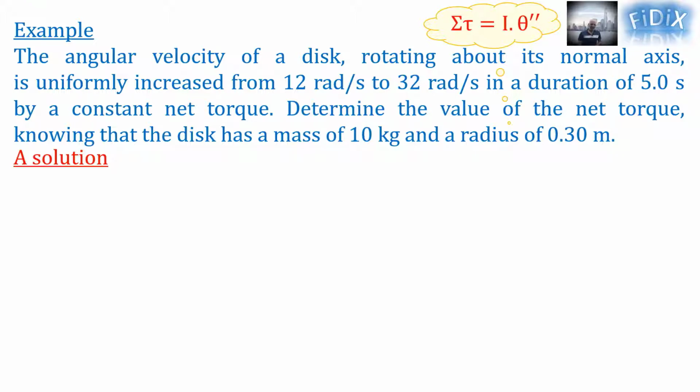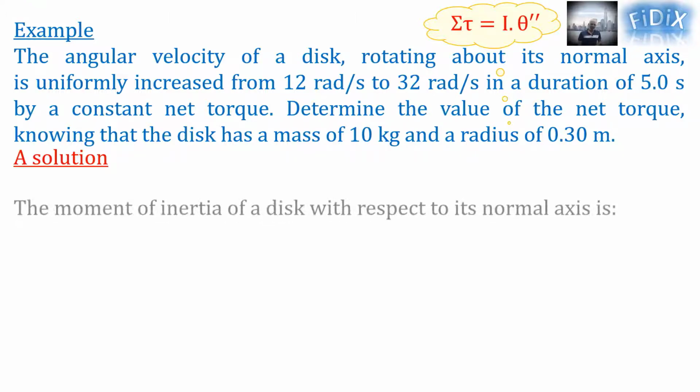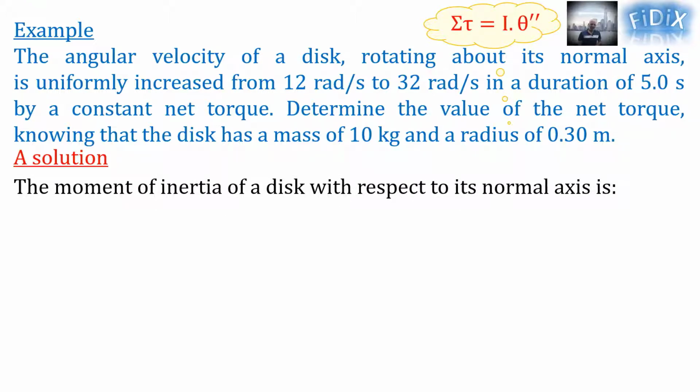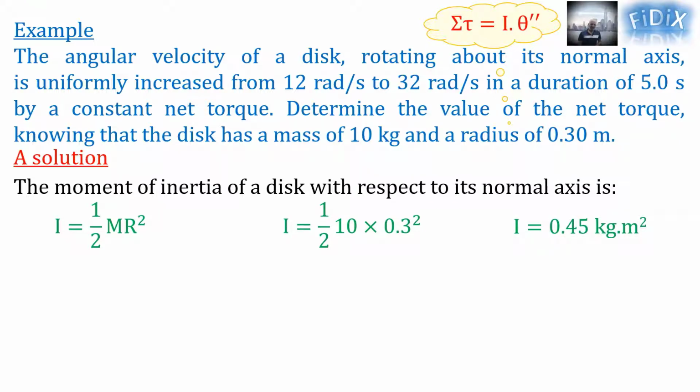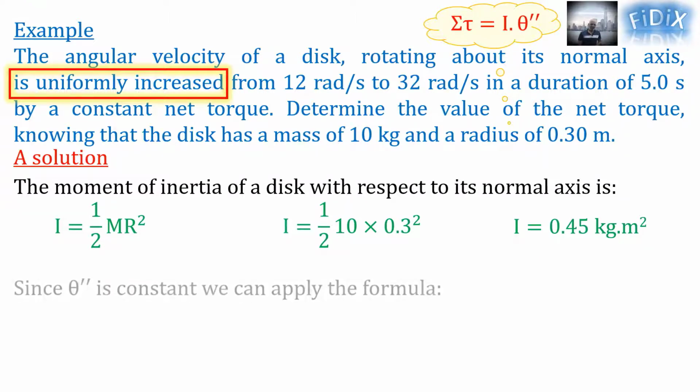For this purpose, we start by finding the moment of inertia I of the disk with respect to its normal axis by writing its formula, I equals half m r squared. We replace m and r by their values and obtain I. The angular acceleration theta double prime is constant since the angular velocity is uniformly increased.